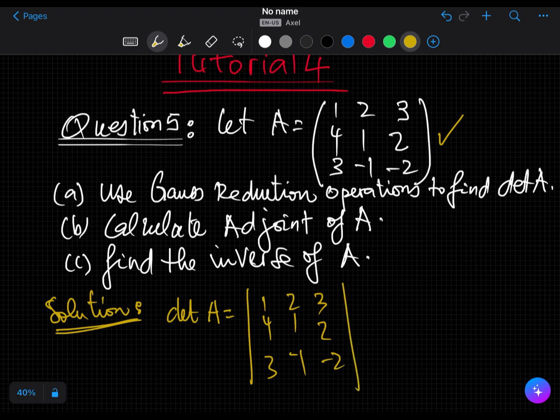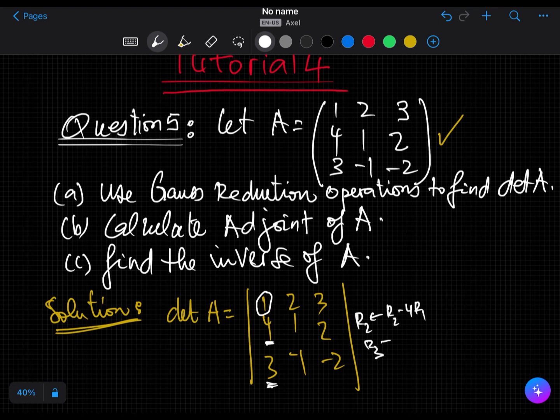So, using the Gauss reduction, I see that this is the pivot of the first row, right? So, what I will do is that I need 0 to be here and 0 to be here. So, I will do that R2 will equal R2 minus 4 R1.